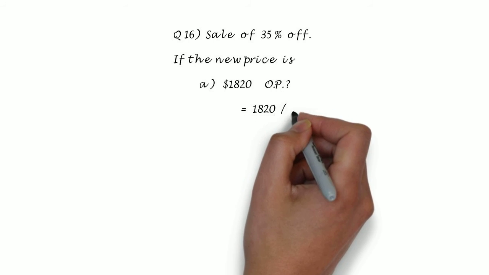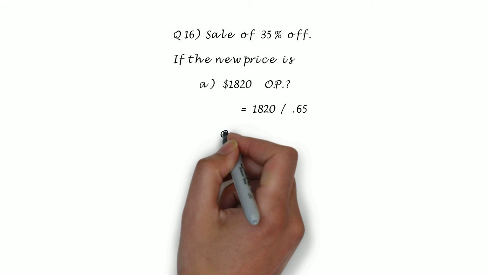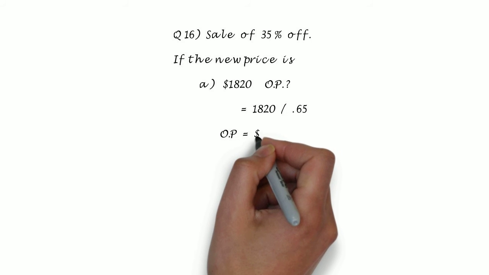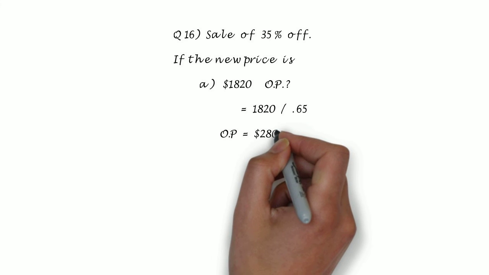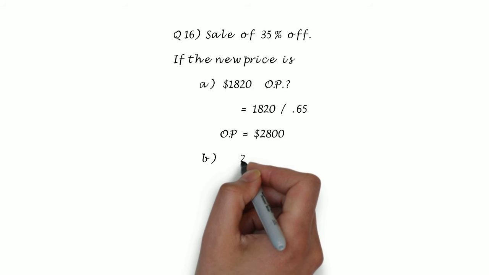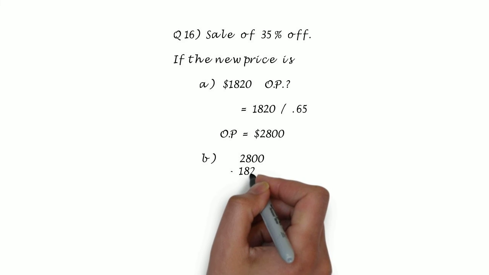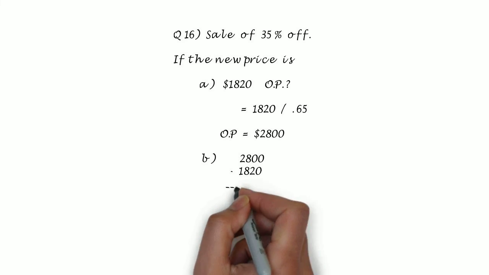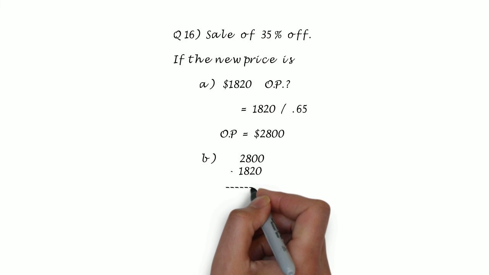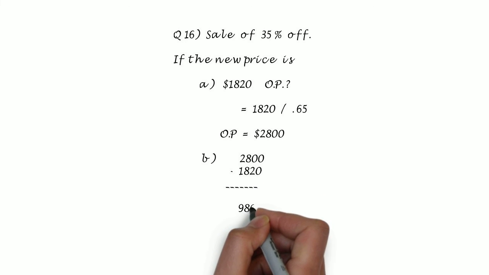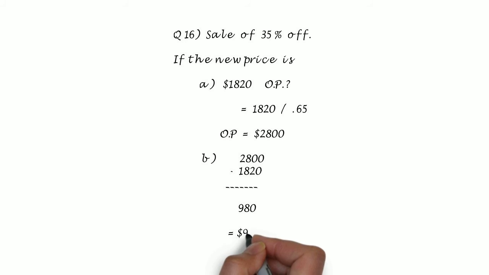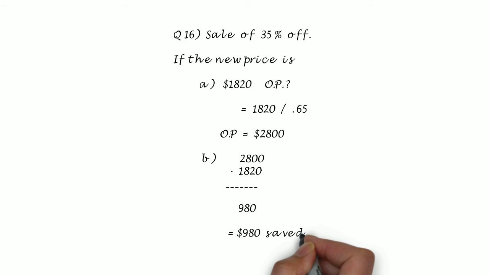So that equals $1,820 divided by 0.65, because that's 100% minus 35%. So the original price was $2,800. Then part B, $2,800 minus 1,820 tells us that $980 was saved in this transaction. So we've divided by the amount again.